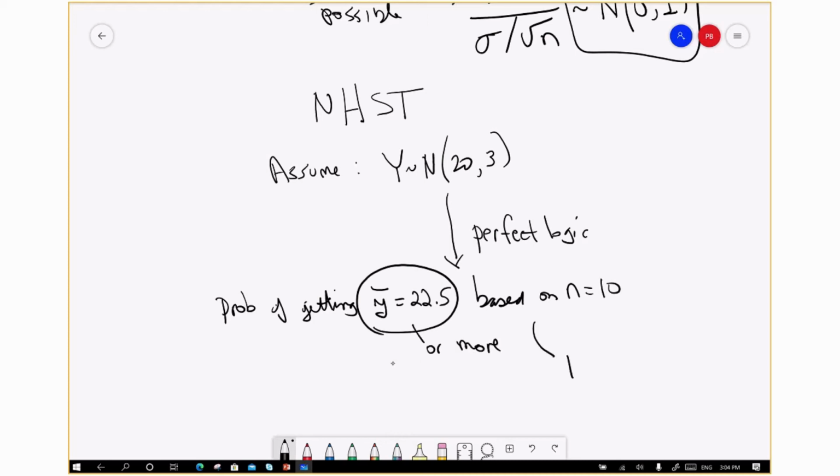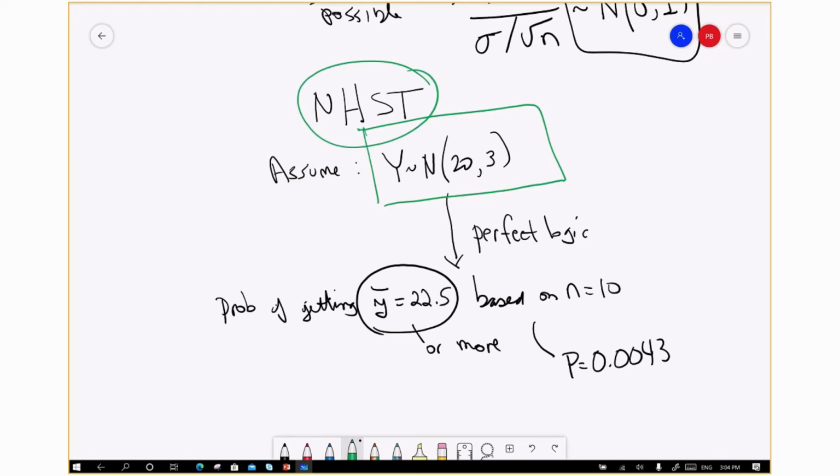You have a p-value equal to 0.0043. So, that's pretty low probability. So what's going on? We assume that there's an error here. And what we typically do in null hypothesis statistical testing is assume that we made a mistake in the mean.